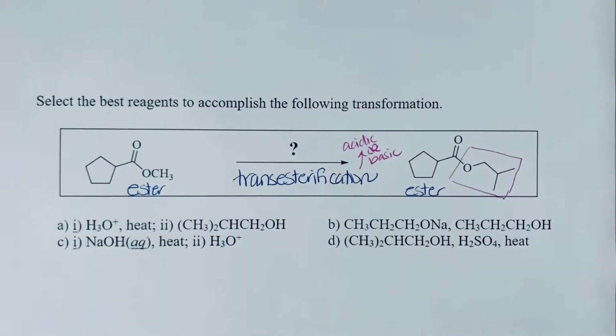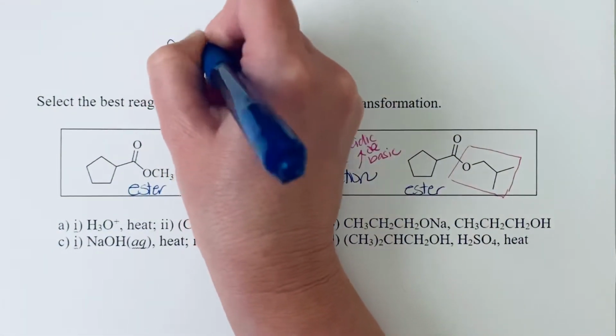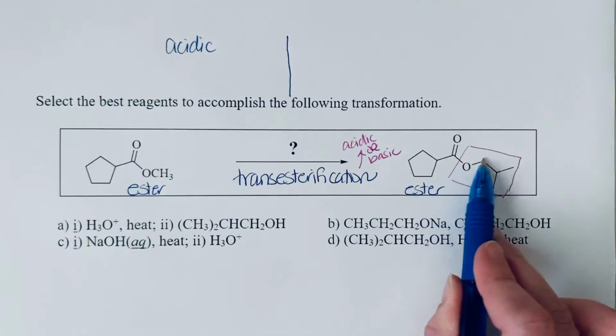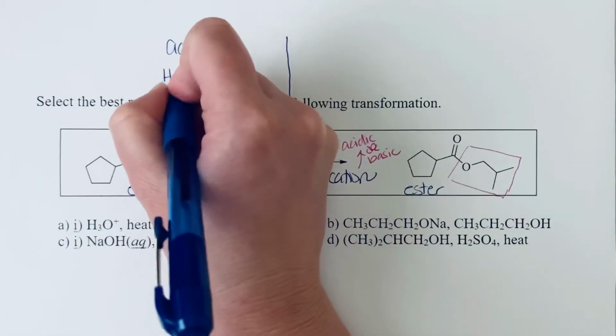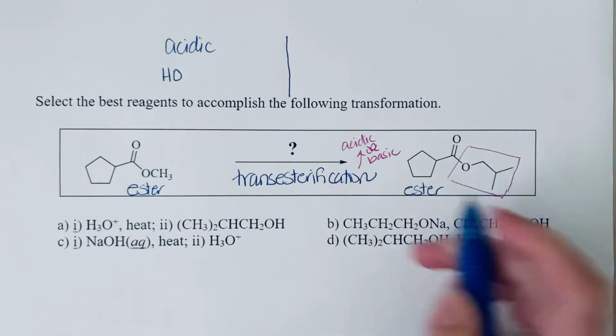If you are going to do this reaction under acidic conditions, then you would be adding this OR group, because this is essentially just an OR group, as the neutral alcohol. So you're going to put a hydrogen on there, and then you have a CH2 and this isopropyl group.